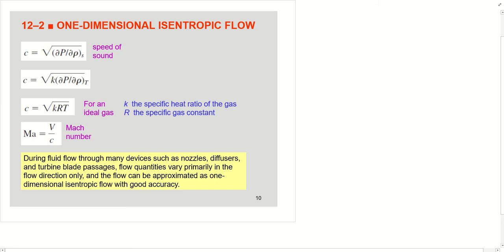Mach number equals V over C, which is the ratio of fluid velocity over what's called the speed of sound.